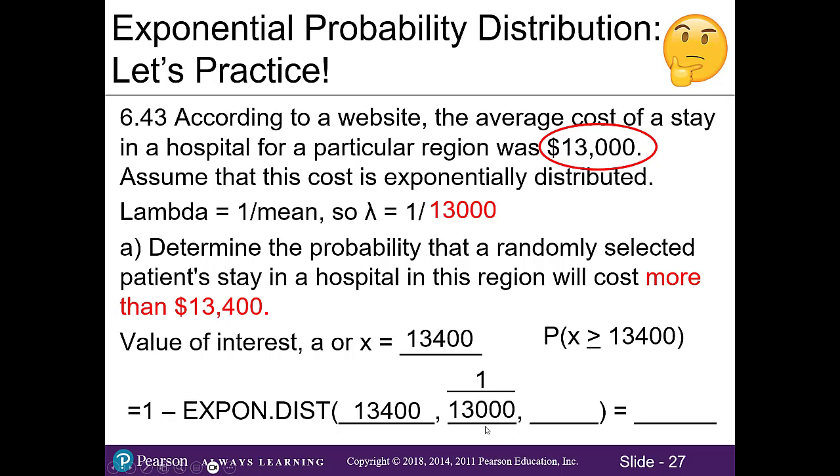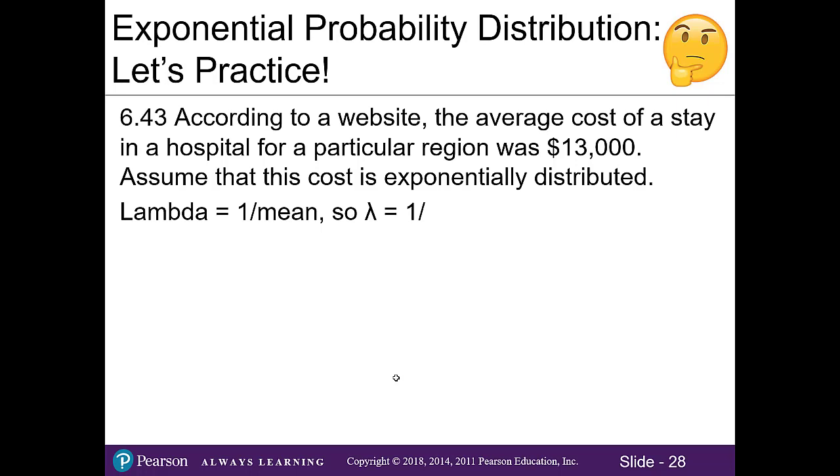Let Excel do the math. So you can just do 1 over 13,000 for your lambda. And then, of course, it's going to be true because it is cumulative. We are adding up the area under the curve. So then you're going to enter all of this into Excel, and we'll get 0.3567.